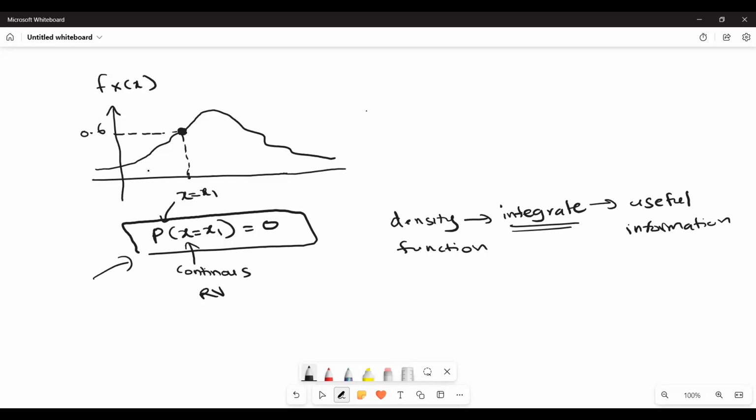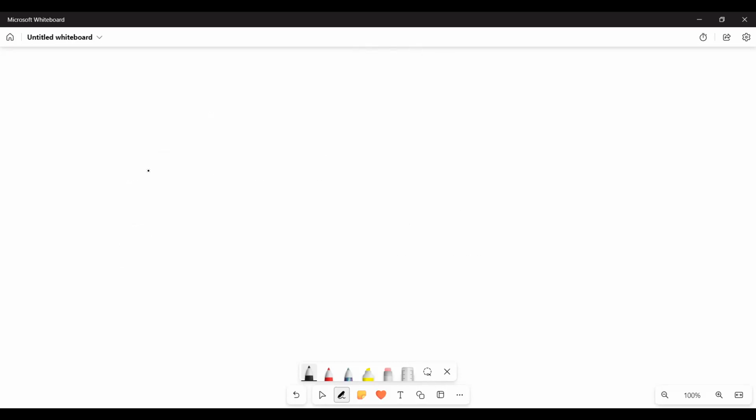So in today's class, we'll be discussing mainly the different random variables that are commonly used. And one of the most popular random variables is the Gaussian random variable. Right? So the Gaussian random variable is one of the most popular random variables.